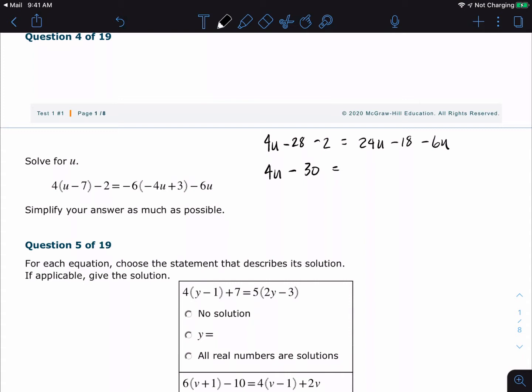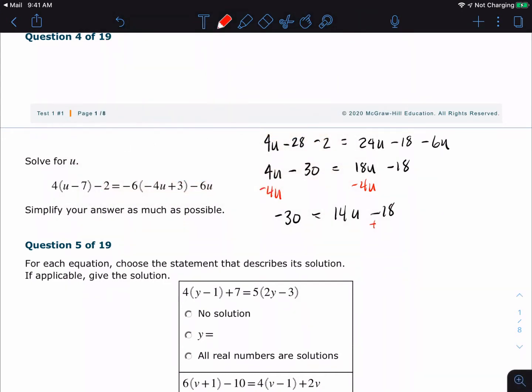And then on the other side, 24 minus 6 is going to give me 18u minus 18. Then I'm going to bring the u's together. I'm going to subtract 4u from here and subtract 4u from here, and I'm going to get negative 30 is equal to 14u minus 18.